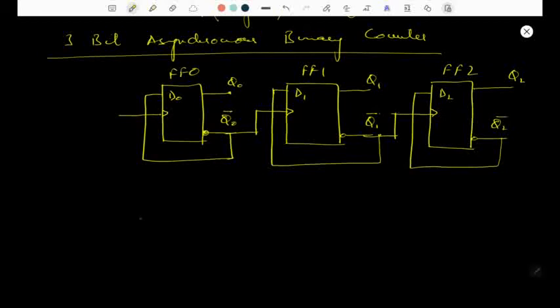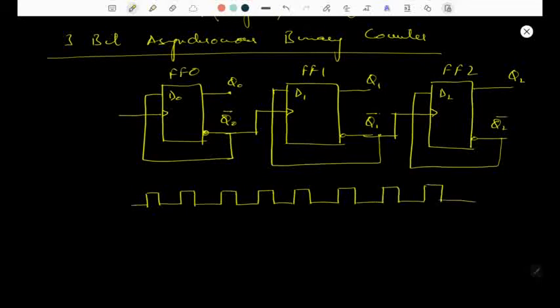Since it is 3-bit, let's draw 8 pulses over here: 1, 2, 3, 4, 5, 6, 7 and 8. Since this is 3-bit, 2 to the power 3 is 8. After 8 pulses it will recycle.